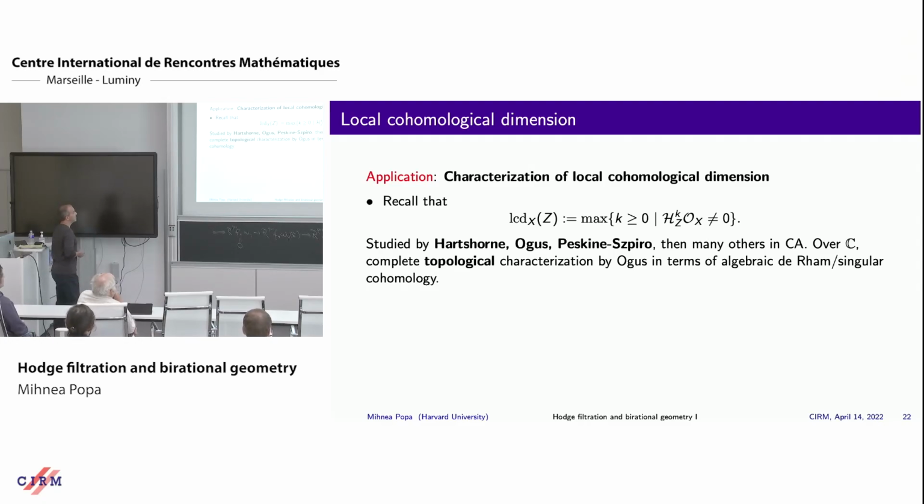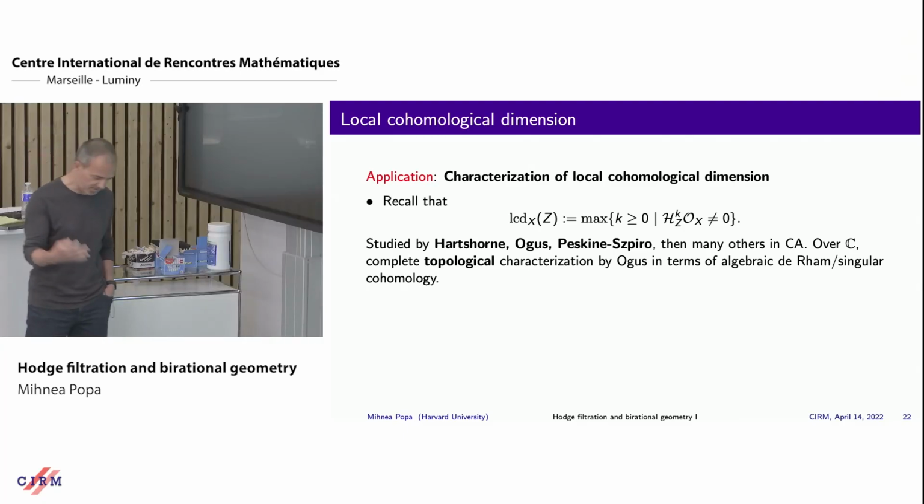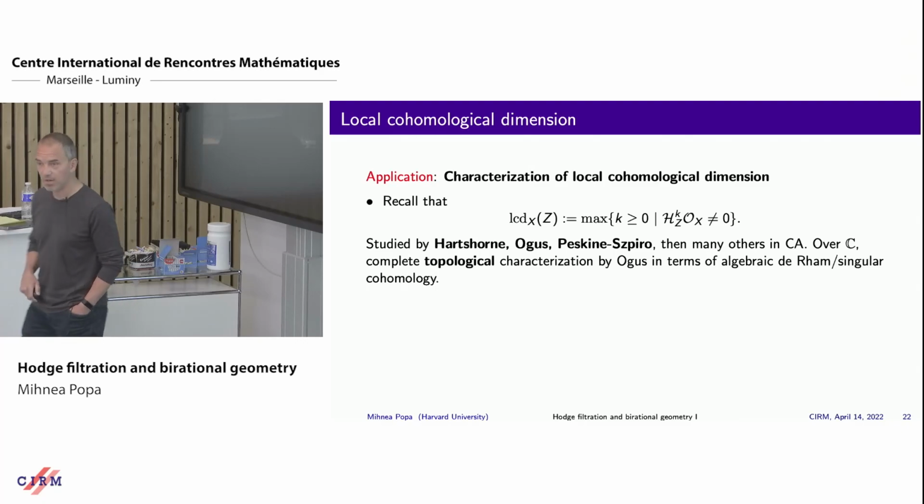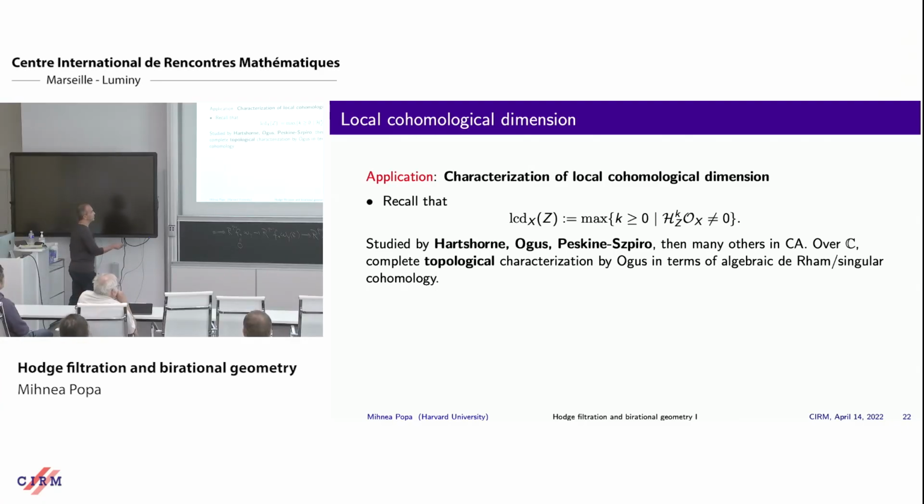Okay, and so this was studied a lot. I mean, there are a lot of very interesting works studying cohomological dimension and local cohomological dimension. Almost 50 years ago, Hartshorne, Ogus, Peskine, and Szpiro studied this very much, and it's been studied ever since, and there are many exciting results that are being proved these days, and mostly by people in commutative algebra. There are lots of nice results that are being proved still about local cohomological dimension.